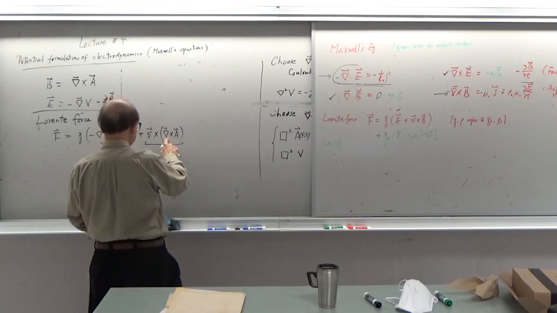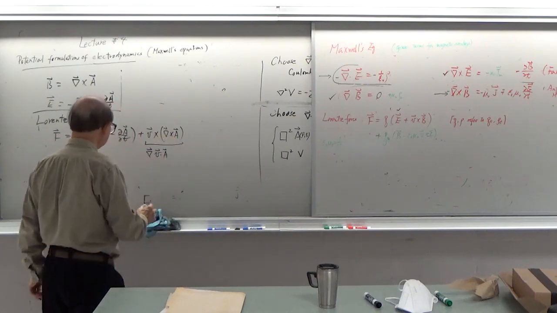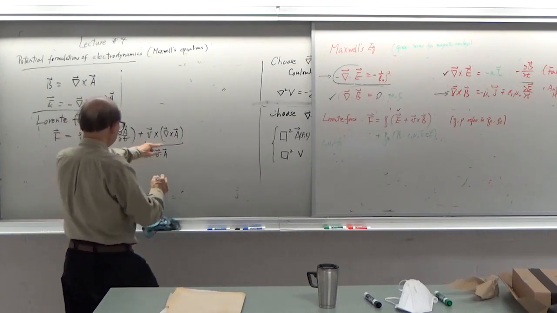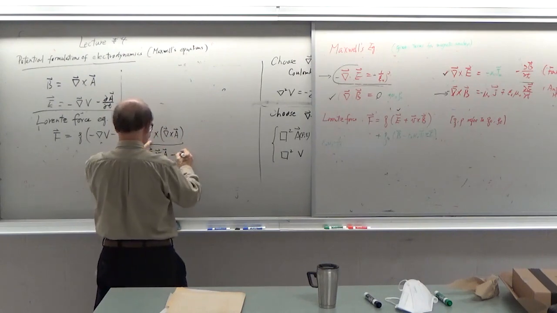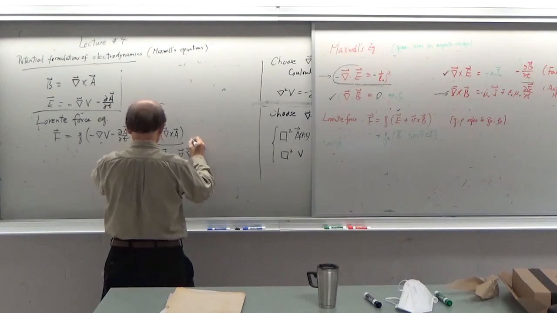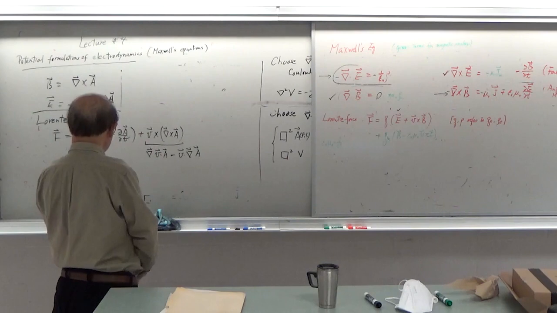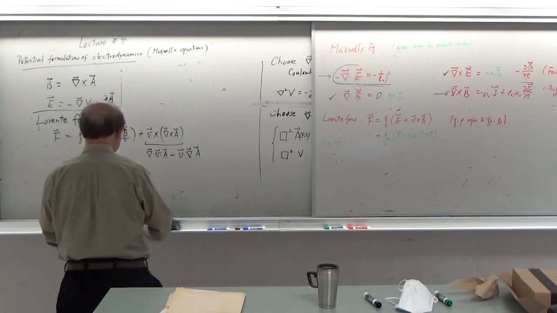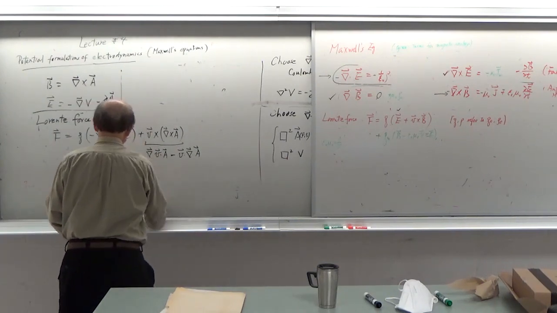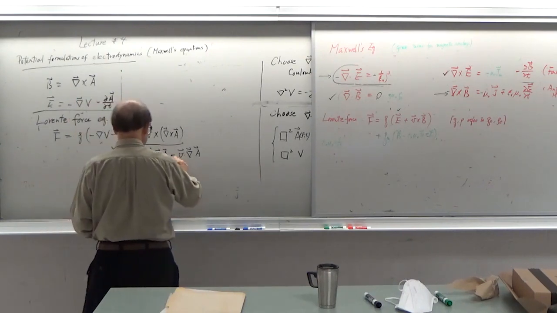So this one is gradient of v dot A. And another term would be minus sign, v dot grad A. And now we notice that we have this term and this term.